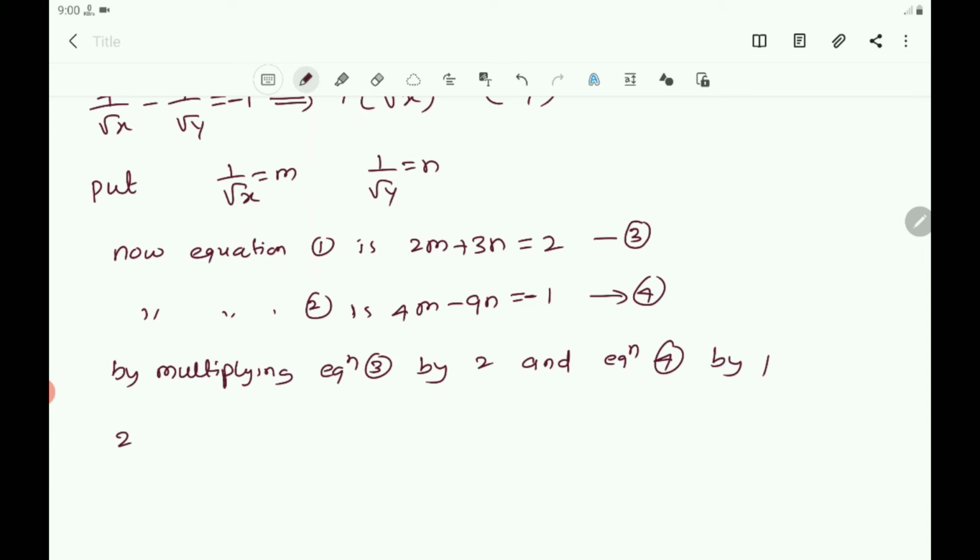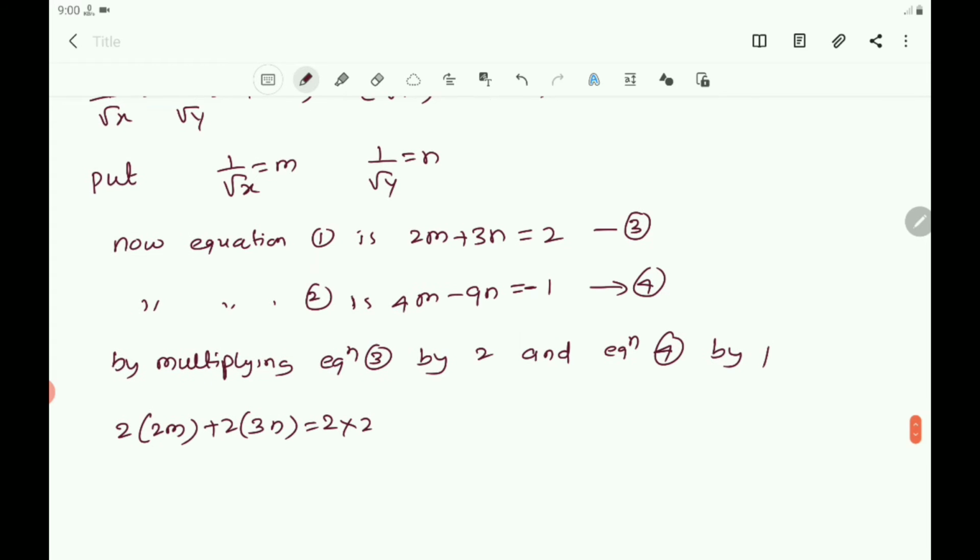That is 2 into 2m plus 2 into 3n is equal to 2 into 2. Second equation, 1 into 4m minus 1 into 9n is equal to 1 into minus 1. This implies 4m, since 2 into 2m is 4m, plus 6n is equal to 4.